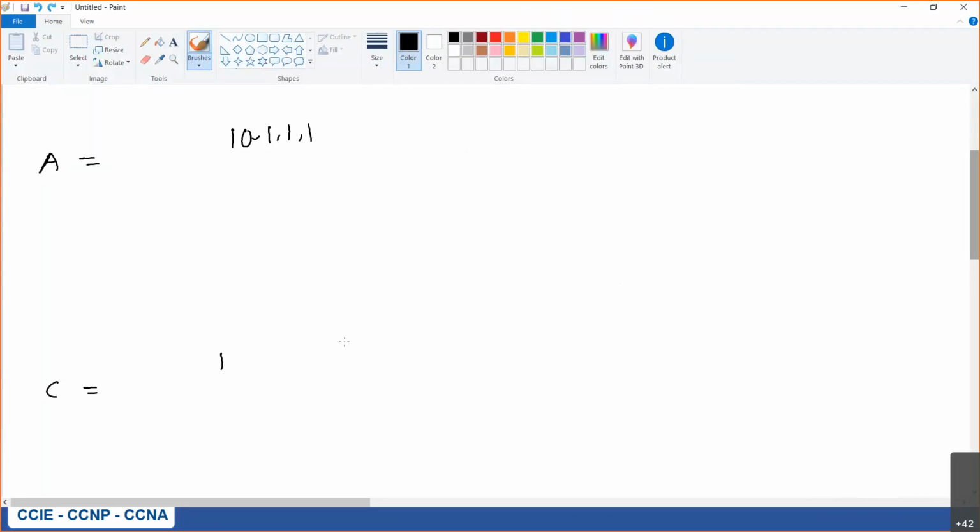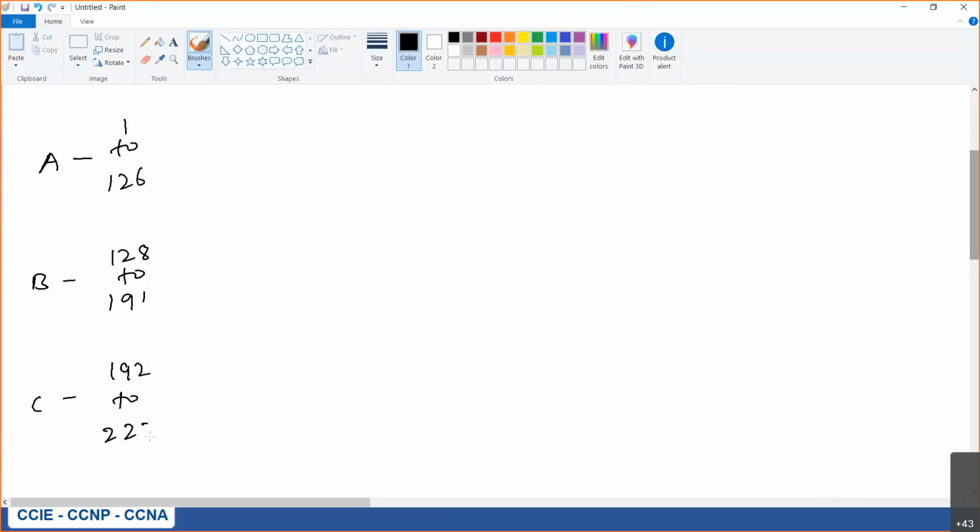See, I'm wondering about here, the class A range is 1 to 126. Class B range is 128 to 191. Class C range is 192 to 223.